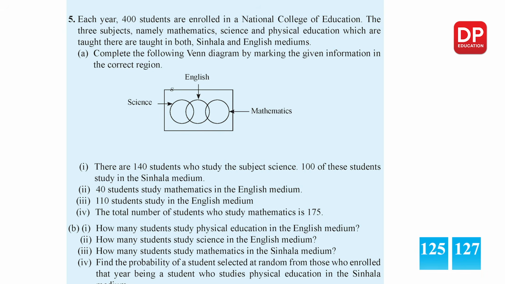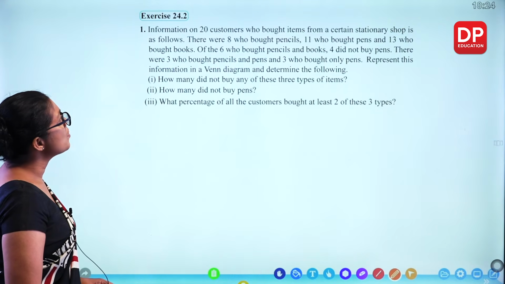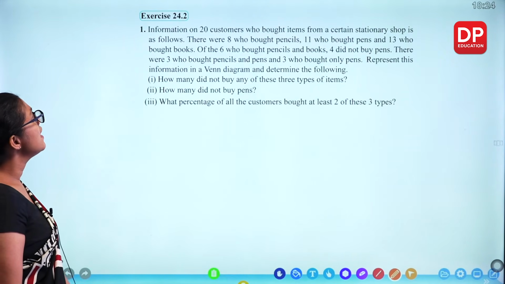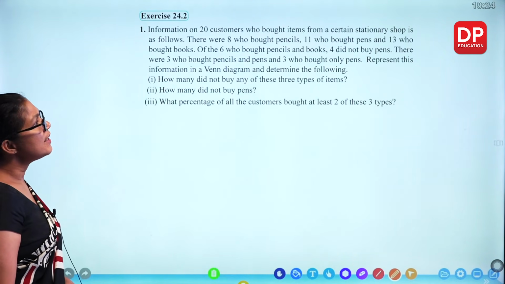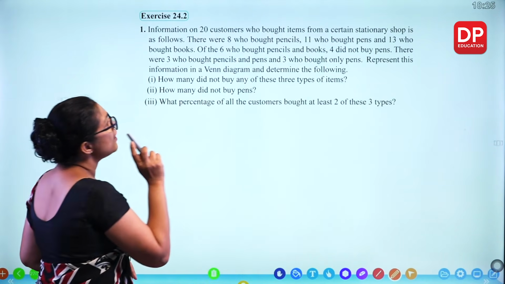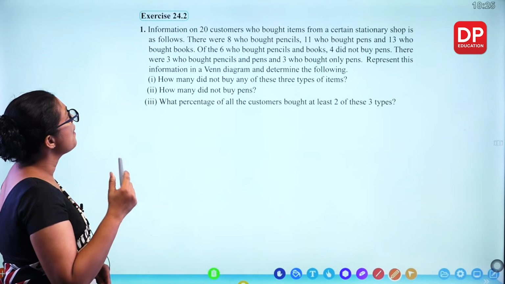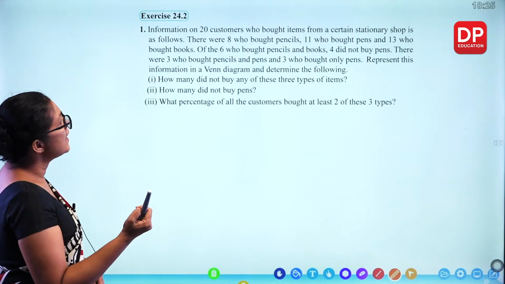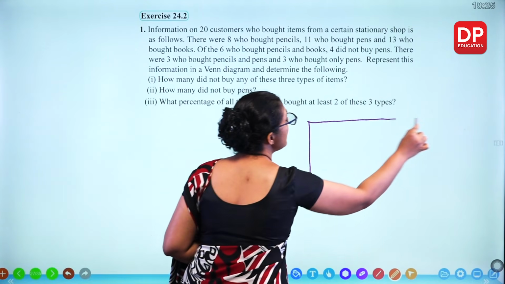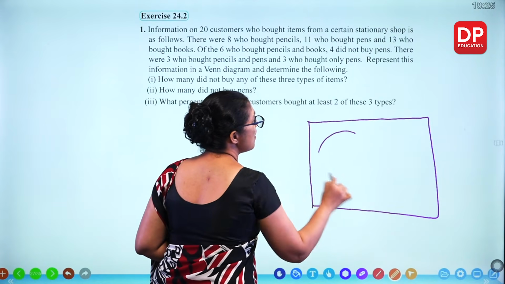Exercise 24.2. Information on 20 customers who bought items from a certain stationery shop is as follows. So we'll try to draw the diagram. First of all, check how many items are there. Pencils, pens and books. So we need 3 circles.